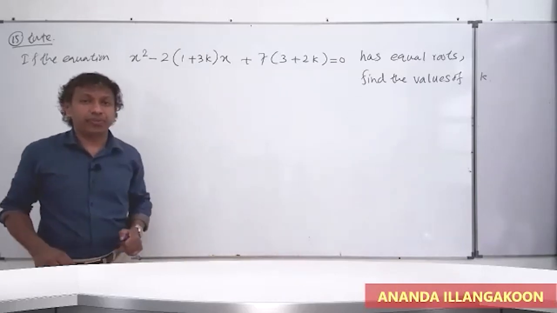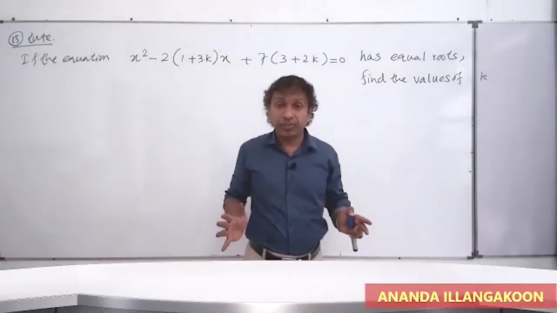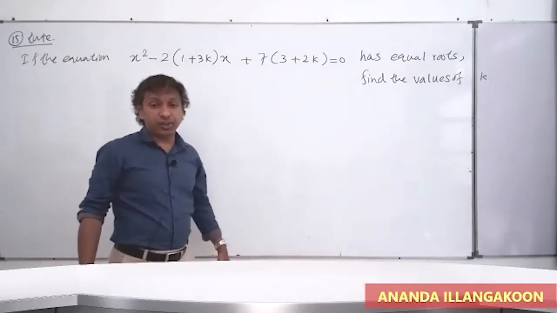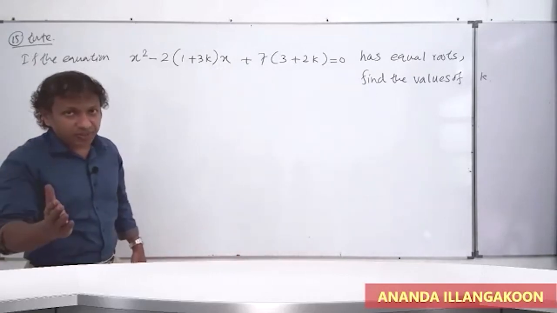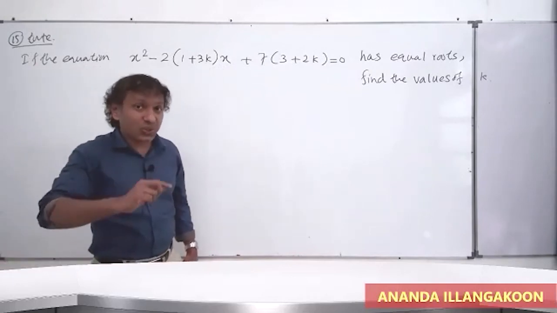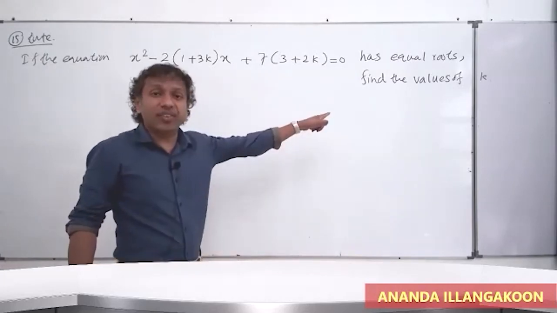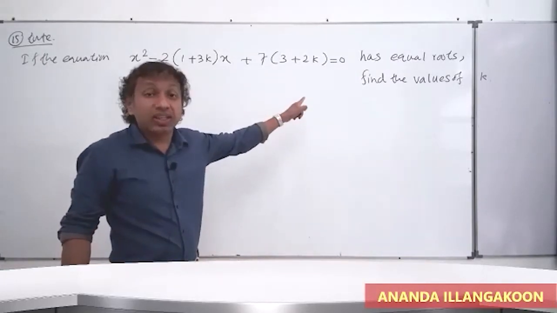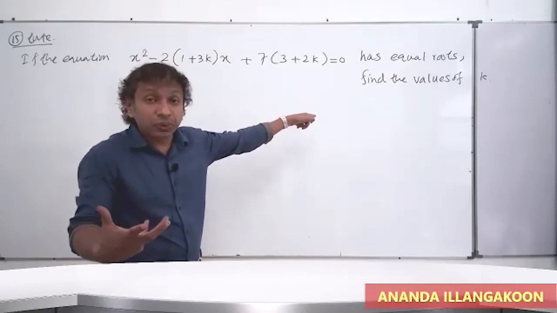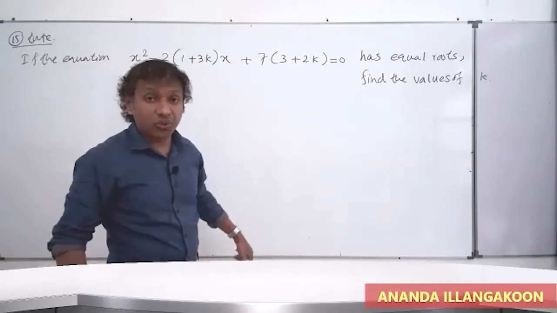You know the condition required to have real coincident roots. What's the condition? The discriminant of the quadratic equation should be equal to 0. We have to start the question from there. To have equal roots, the discriminant delta should be equal to 0.